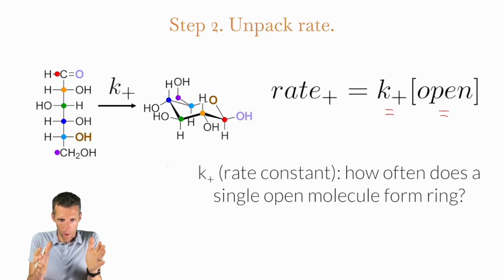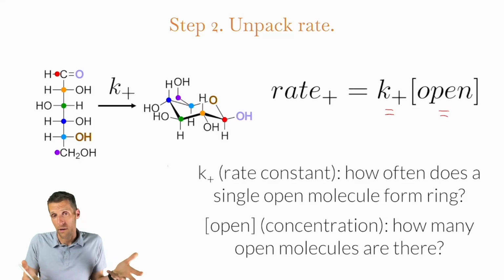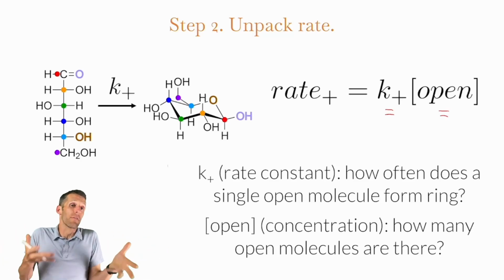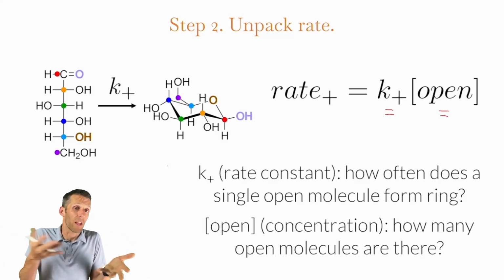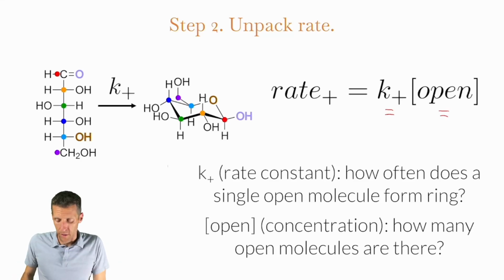Just watching one molecule, how often does it turn into a ring? And then the concentration is how many open molecules there are. So the total rate is the product of these two things. How many open do I have that are available to close? And then how quickly does each one of those close? Those are the possibilities.